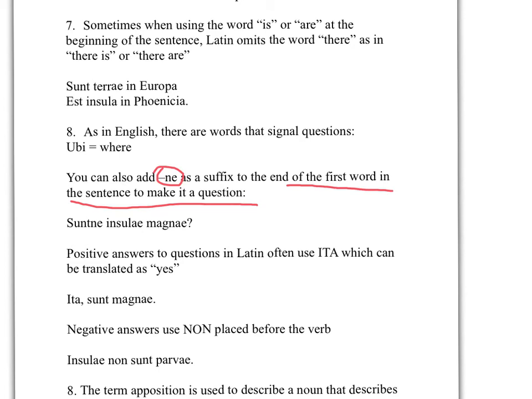For example, sunt ne insulae magnae. The word sunt has had added to it the ne suffix, which is like asking a question to the Latin ear. It sounds now like a question. It says, sunt ne insulae magnae. It says, are there big islands?